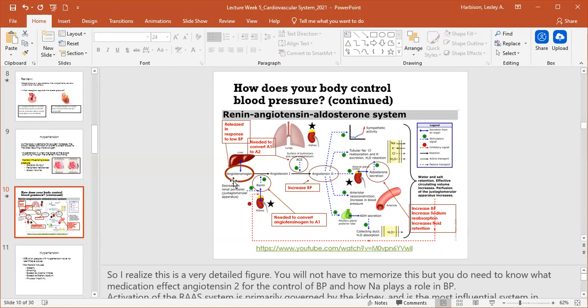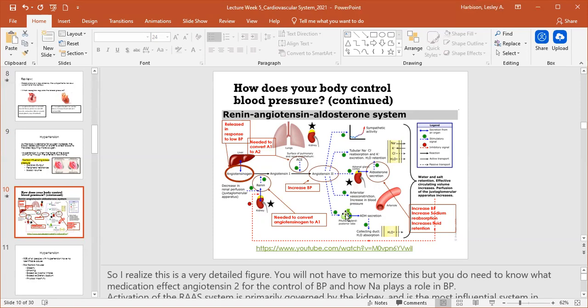So it's a cascade of events: angiotensinogen comes from the liver, then renin is deposited from the kidneys, and that makes angiotensin 1. Then we get ACE from the lungs, and that makes angiotensin 2. Then we have this reaction of all these different body mechanisms that can result in high blood pressure.